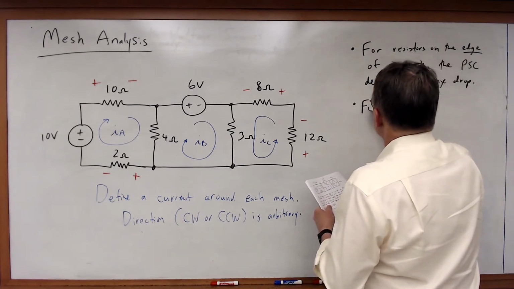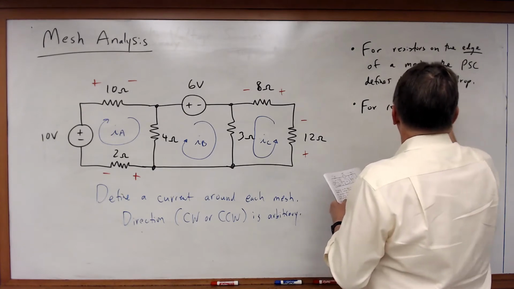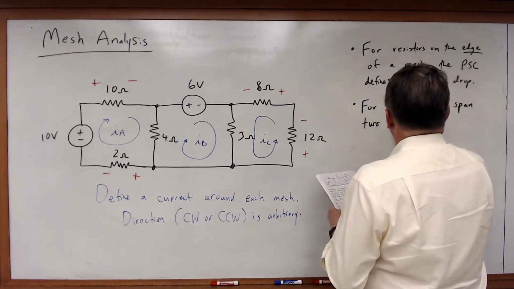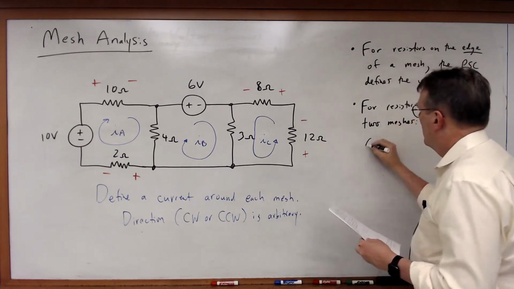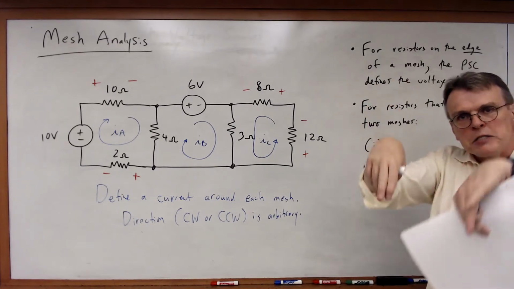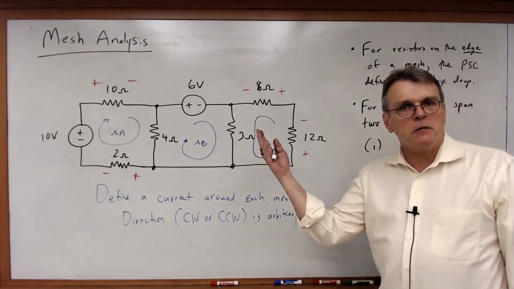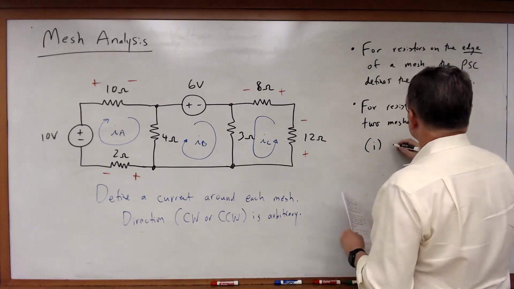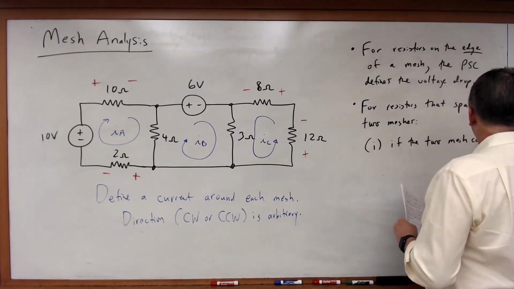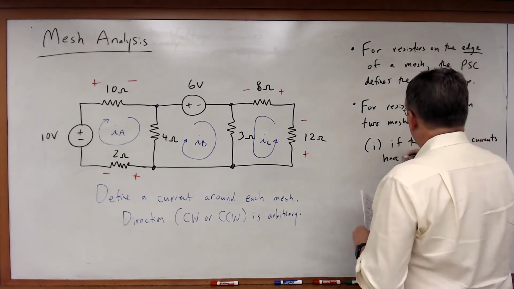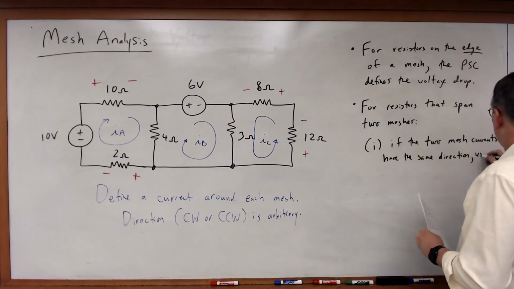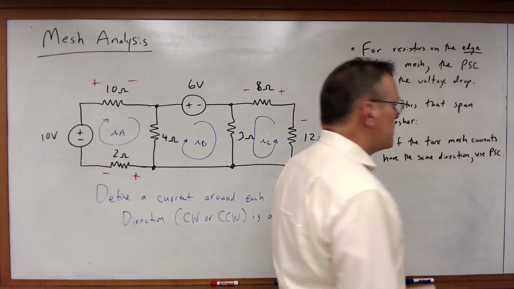For resistors that span 2 meshes, first, if the 2 mesh currents agree, going in the same direction through the resistor, we just use the passive sign convention.